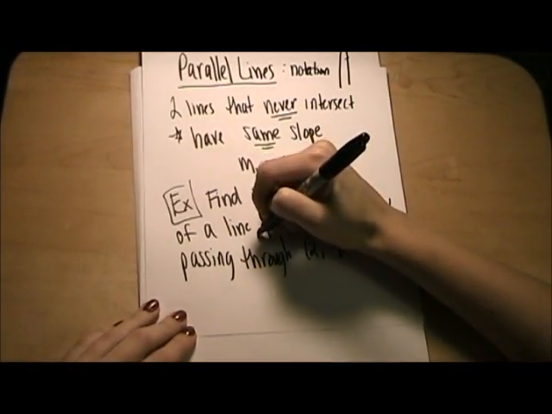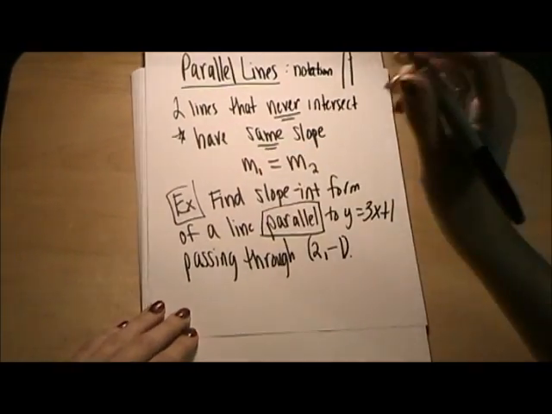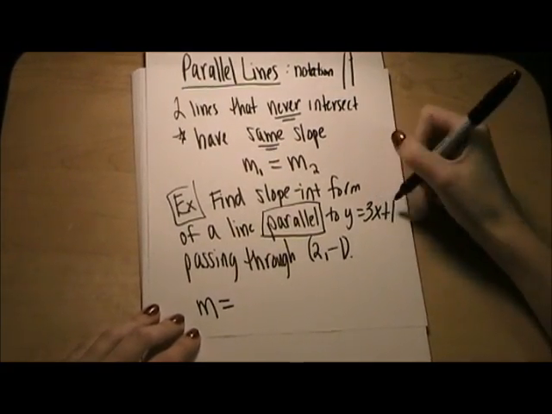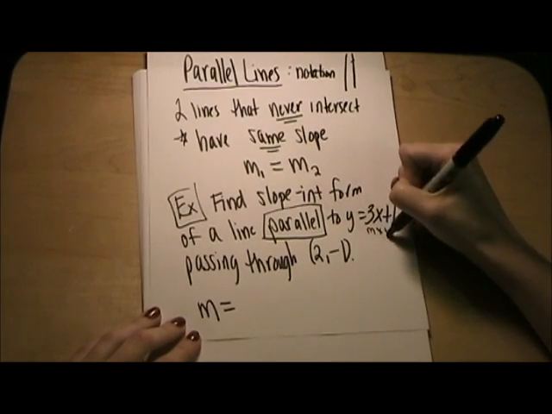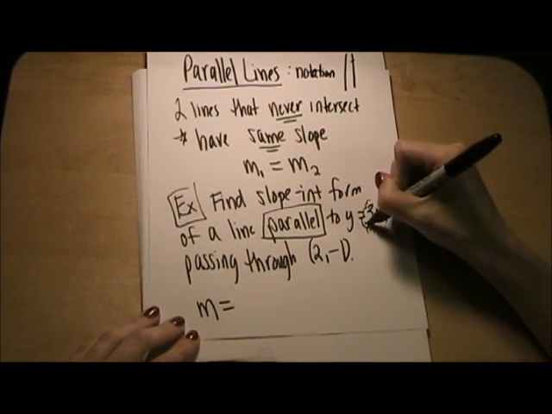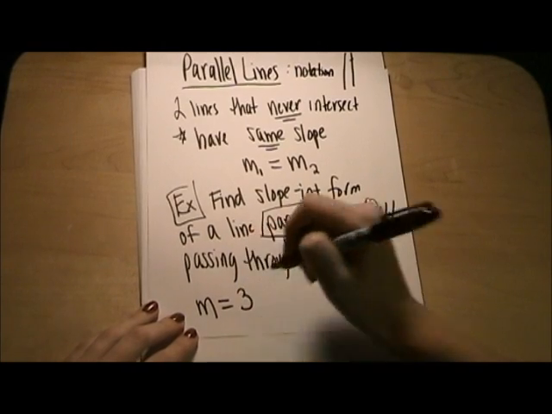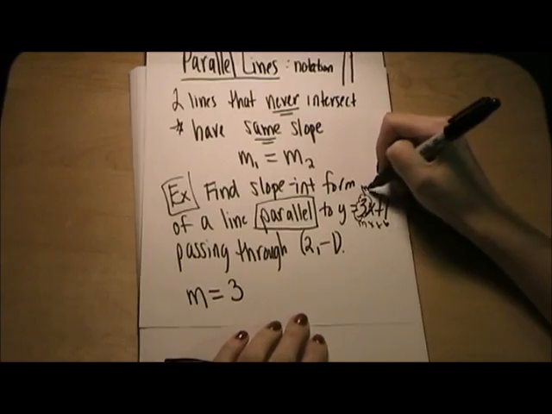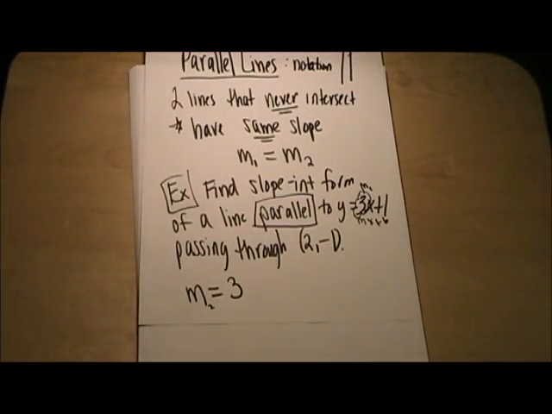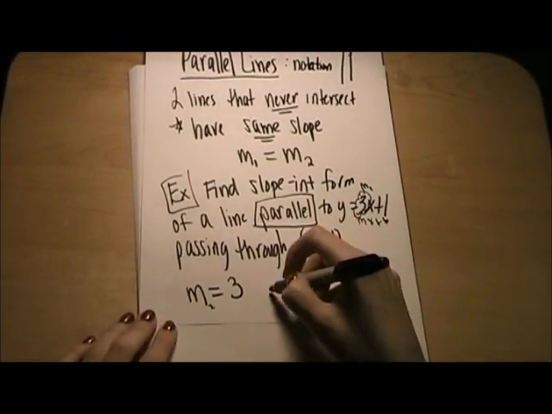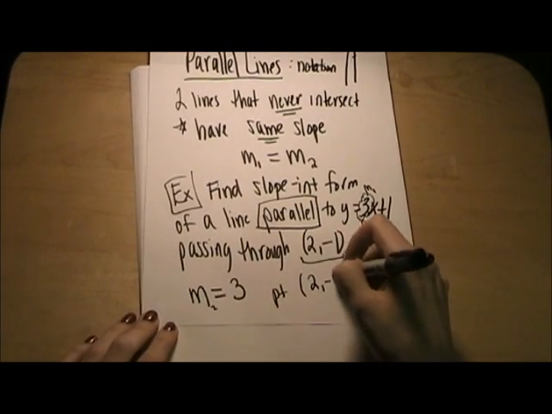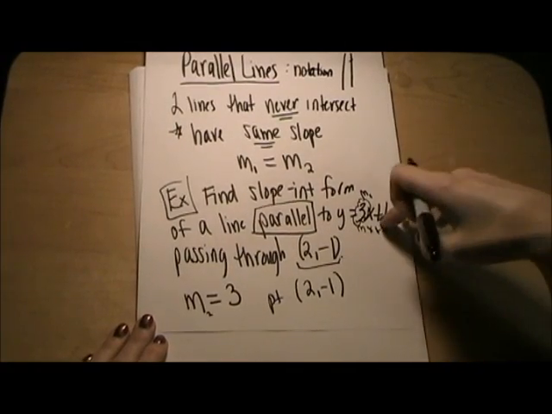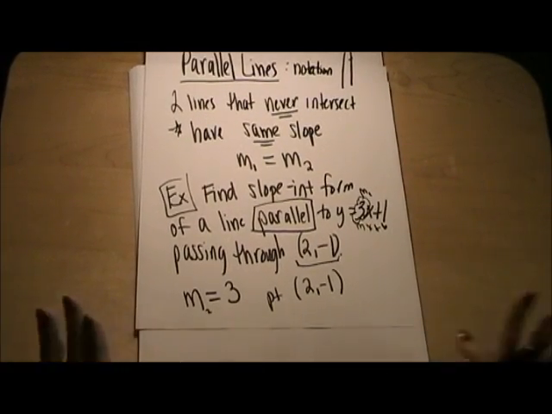The first key phrase is parallel. That's going to tell us that our slope is equal to our slope here. Well, mx plus b tells us that the slope for this line is 3, so the slope for this is also going to be 3. So this was my M1, so my M2 is 3. And then we're passing through the point 2, -1. The only thing that this equation is useful for is the slope. After that, you don't need it.